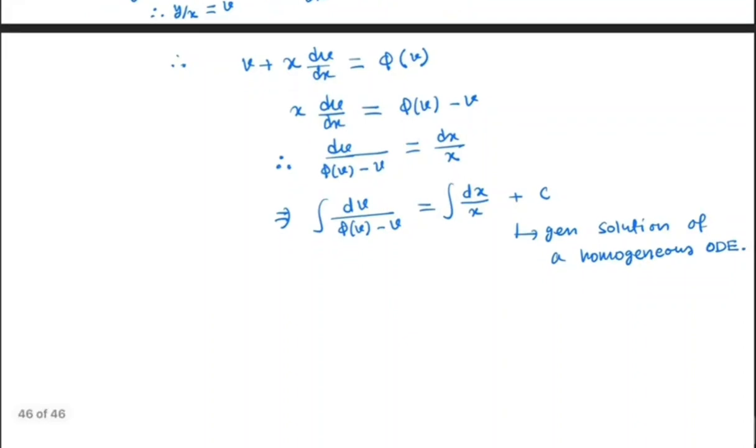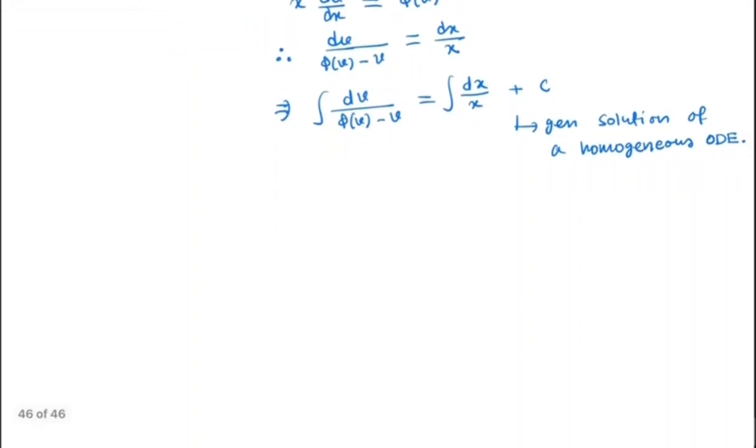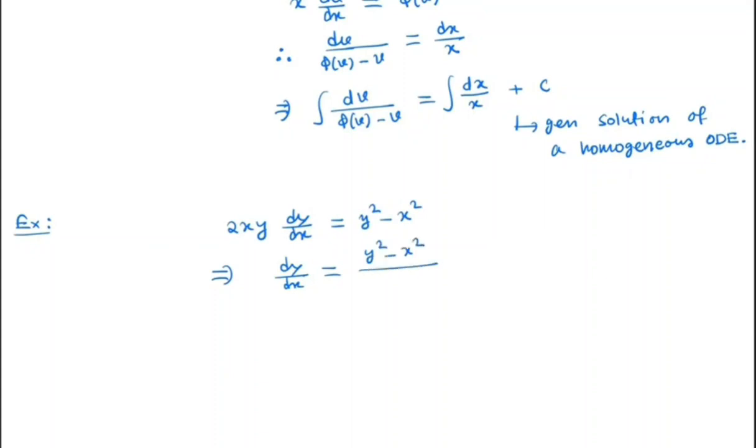Now let us take an example to understand the method clearly. So we take one example, which is 2xy dy/dx is equal to y square minus x square. Okay, so let us write it in the general form dy/dx. Now note that we can take common x square.